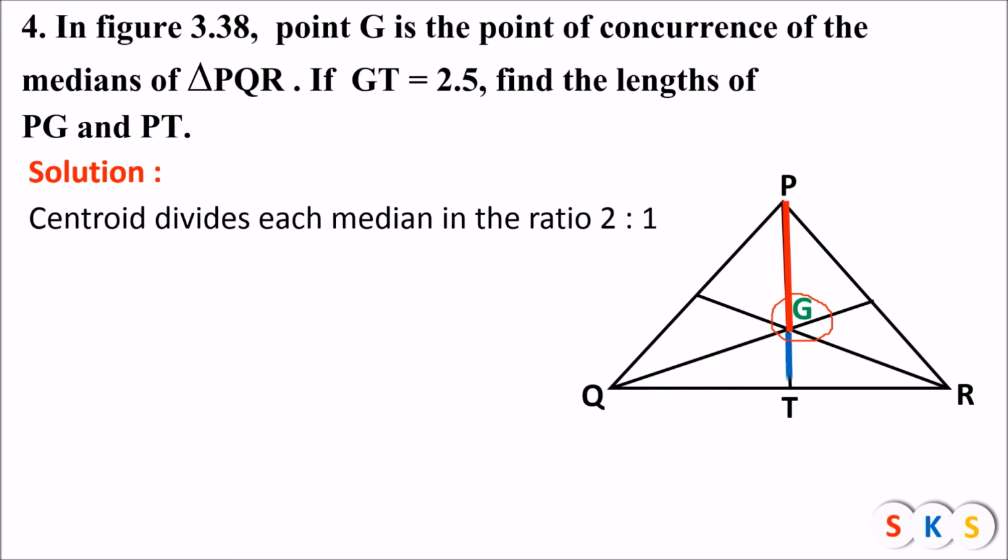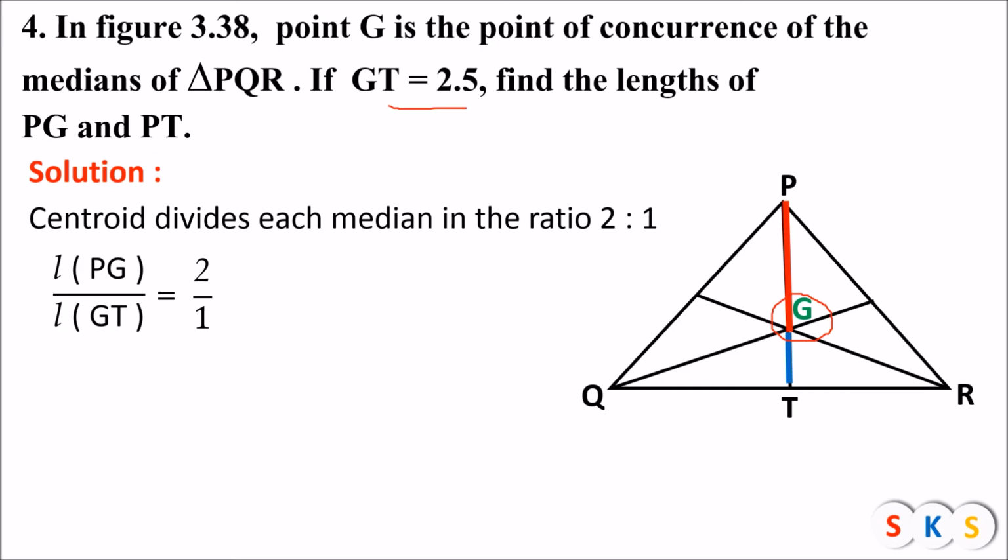So length of PG upon length of GT equals 2 upon 1. Now we will substitute the value of GT, which is given here as 2.5. So we get length PG upon 2.5 equals 2 upon 1. Now we go for cross multiplication.